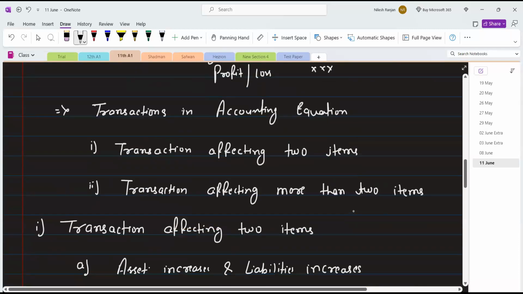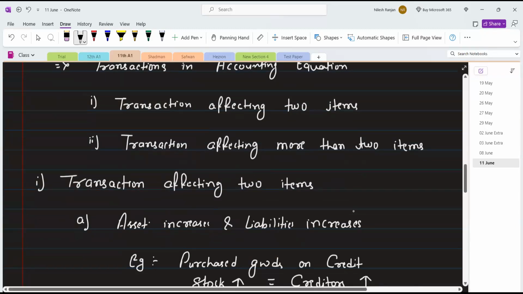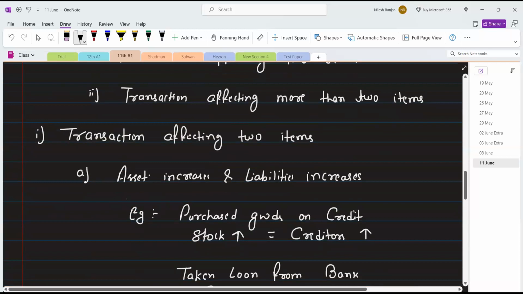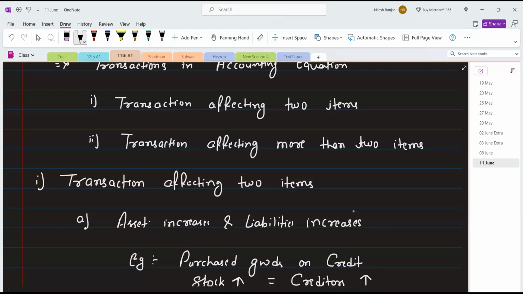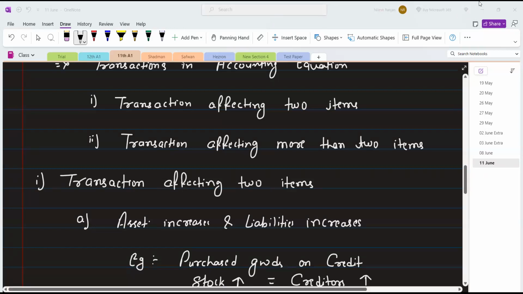Transaction affecting more than two items.